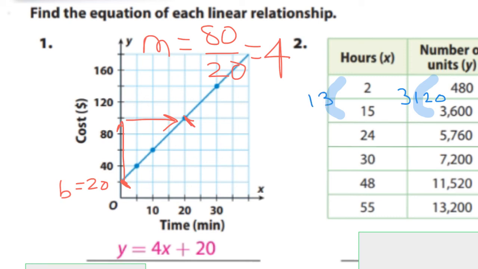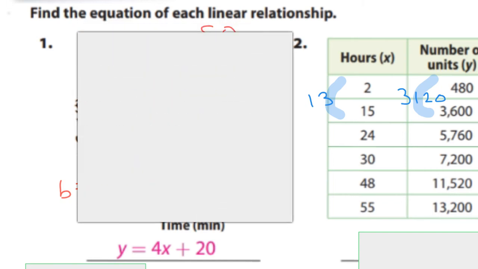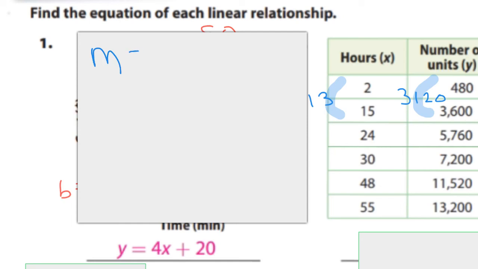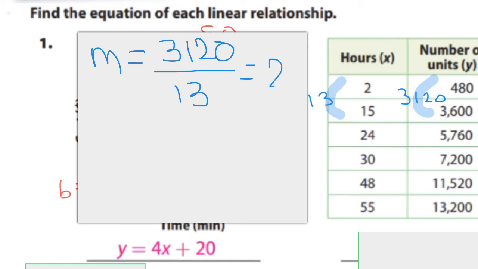I'm going to give myself a place to do some of my work. There you go. Now it won't be so messy. So m equals 3120 divided by 13, change in y over change in x, and that's 240. And I know these answers because I've already done them several times today.